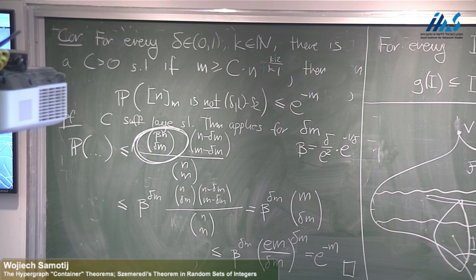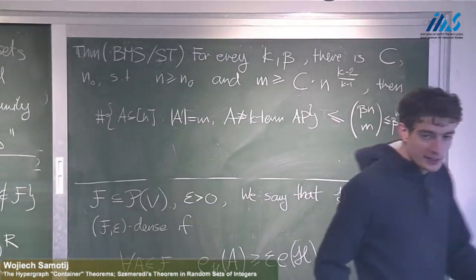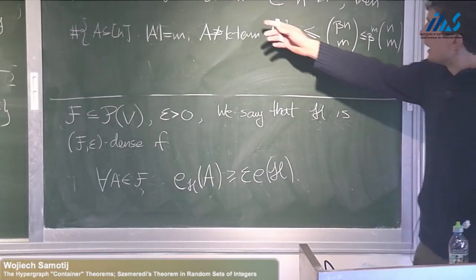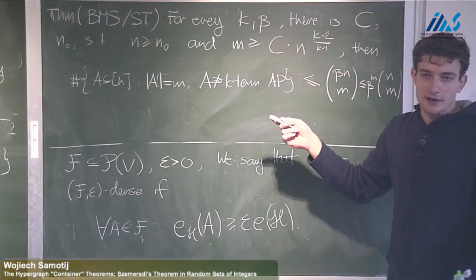So let me say a few words about how to derive this theorem from this theorem about characterizing independent sets in hypergraphs. So there are two ingredients here. First of all, let's look at this statement. And suppose that I take m to be linear in n.